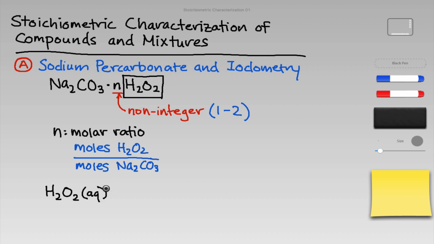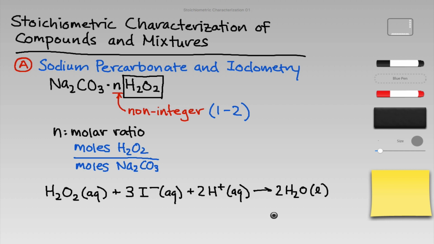And the aqueous hydrogen peroxide that forms, when placed together with aqueous iodide, or I-, and a strong acid such as H2SO4, which we'll represent just as H+ here, these reagents combine in a redox reaction to form water and an oxidized version of iodine that's called triiodide, or I3-.